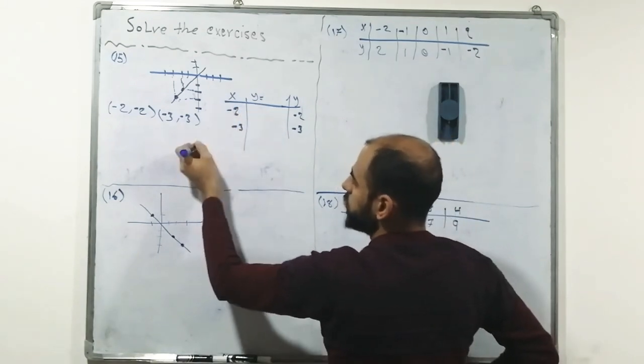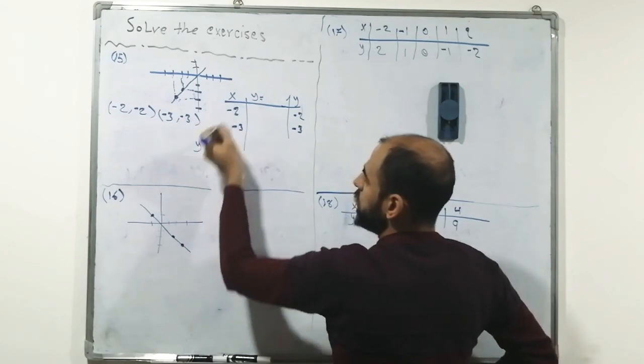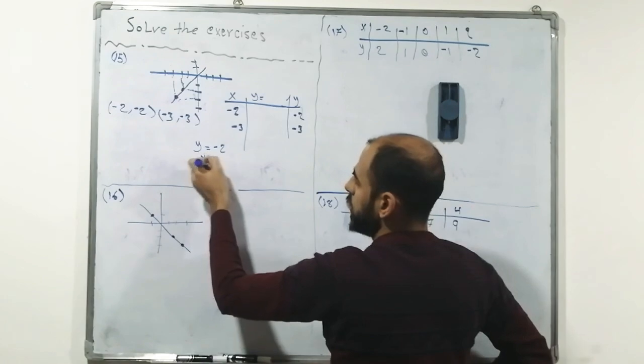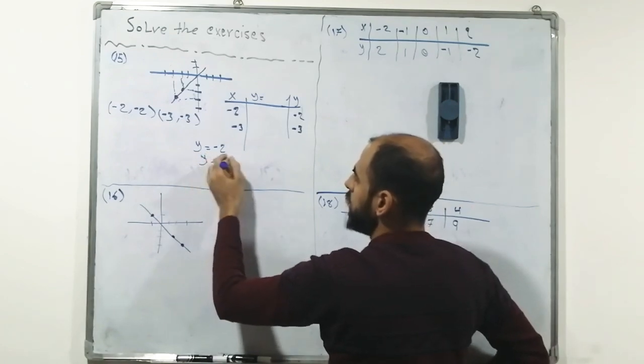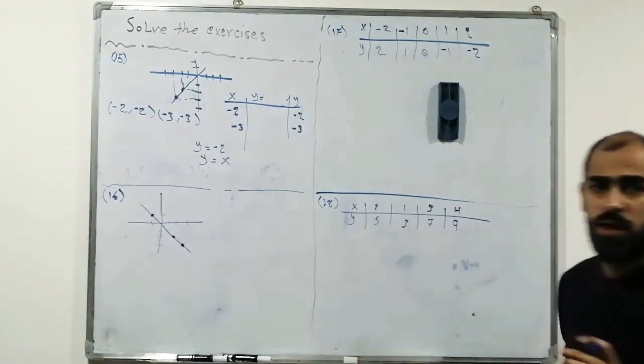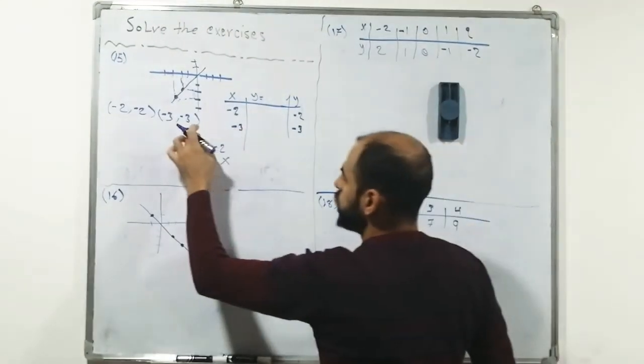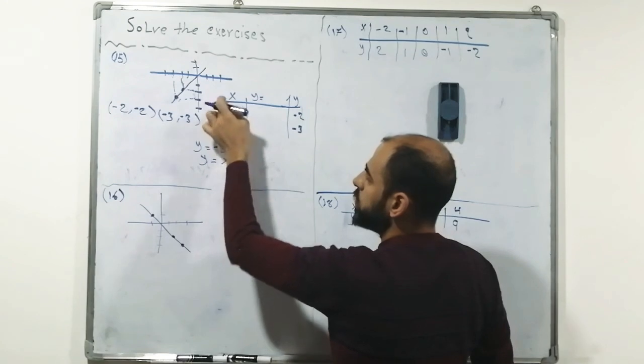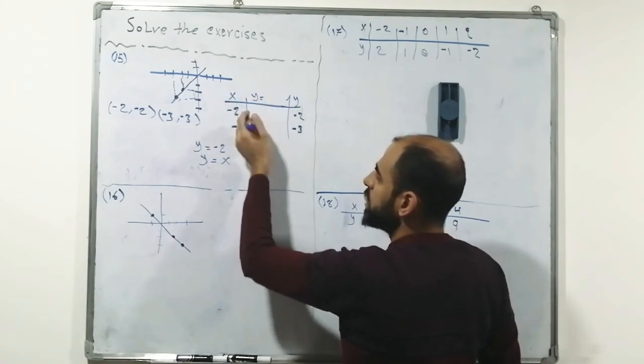Meaning if we substitute the value of x, how can we make y equal minus 2? That means y equals x, right? We have to make y equal minus 2, so the values of x and y are the same.